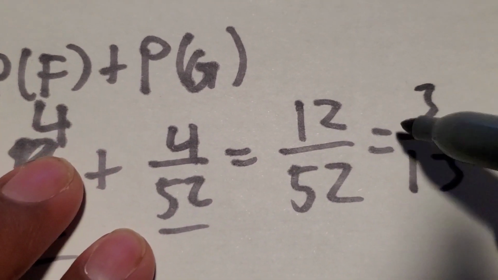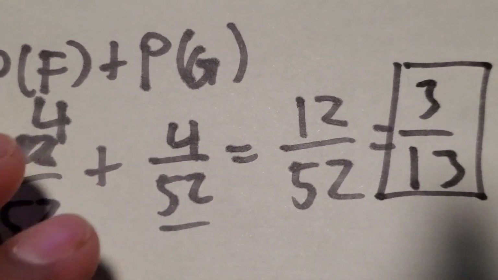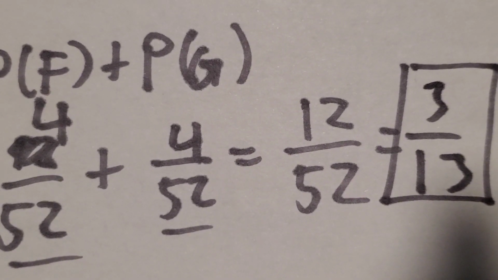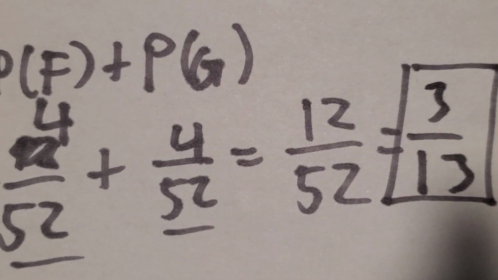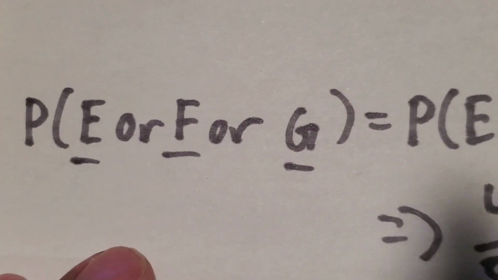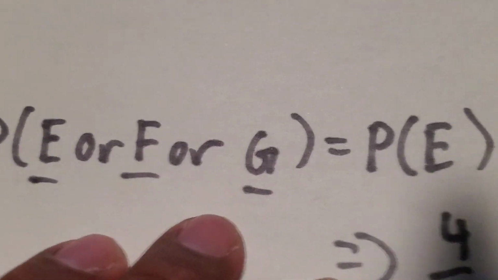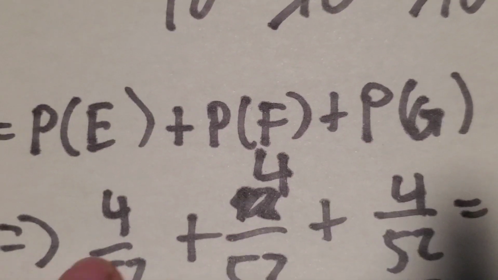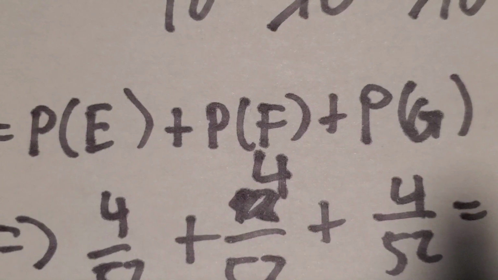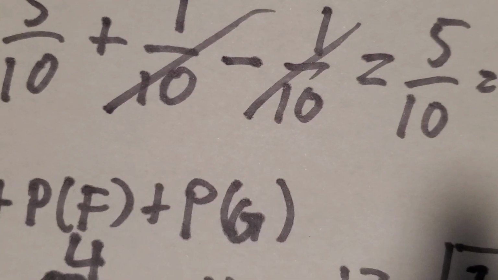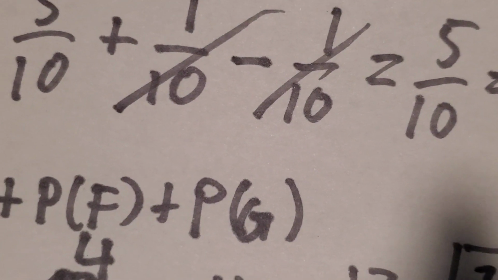And if you want, you can use your calculator, but that's how you would calculate the probability of drawing a king, or a queen, or a jack. The main point is that they are all disjoint from each other. So all I have to do is find the probability of each individual one and add them all together. If they were overlapping at some point, I would have had to subtract that additional part.